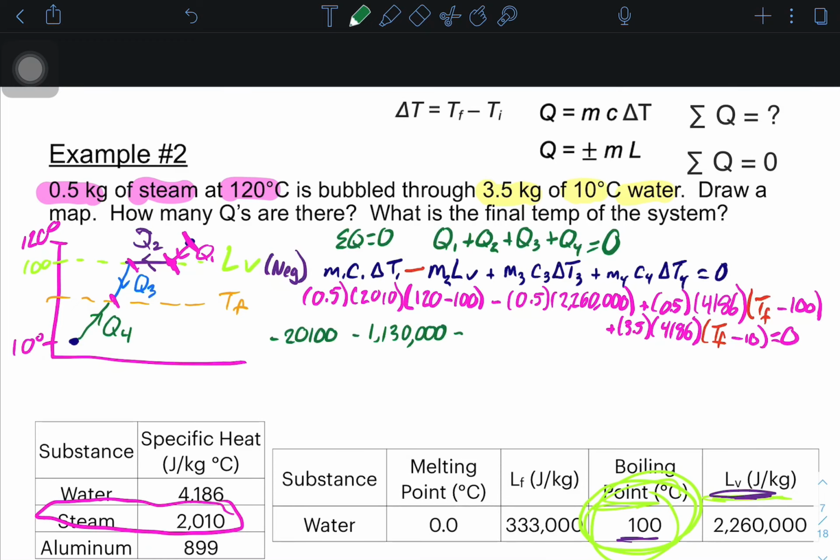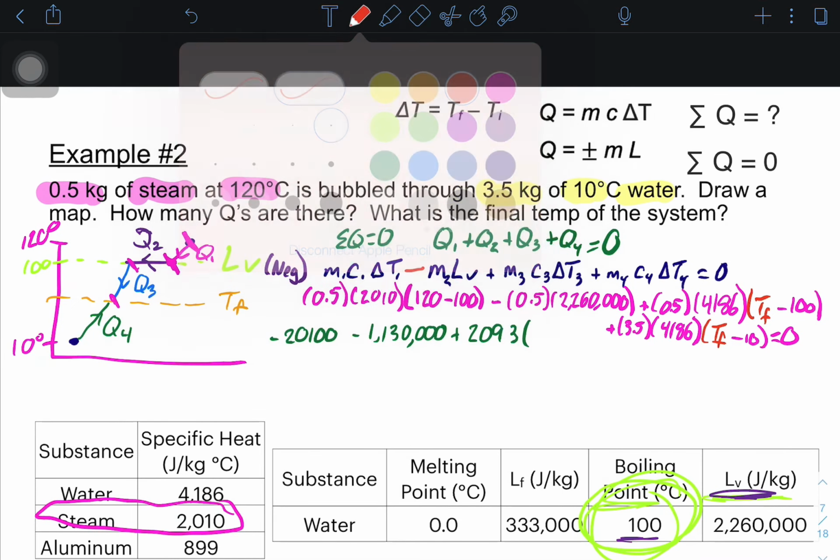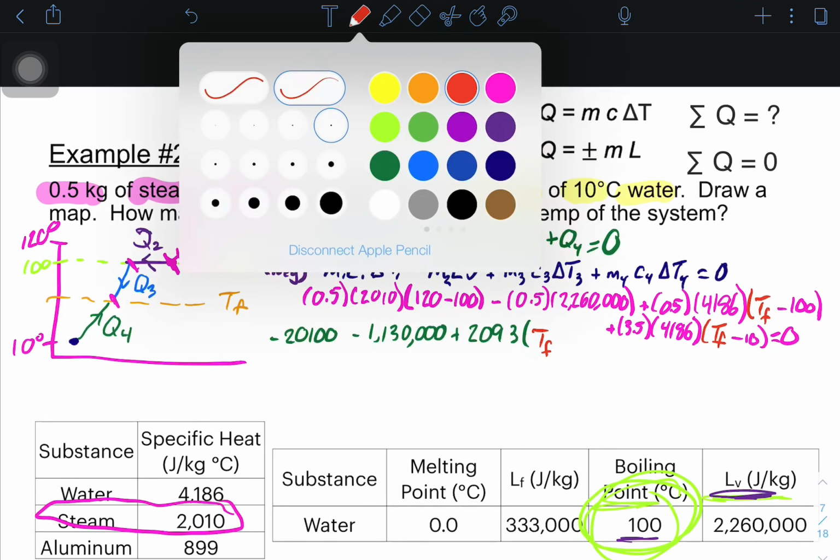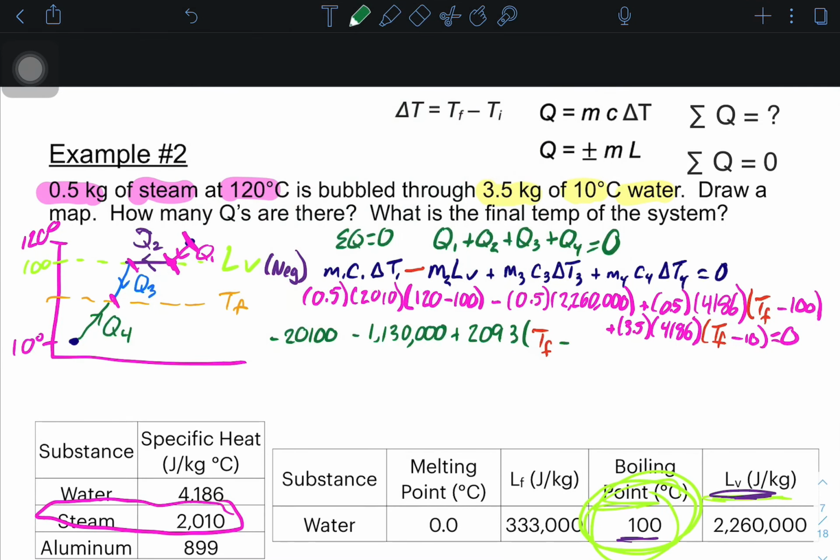Q3 is going to be plus, sorry, it's going to be a plus 2093 times TF minus 100, plus my Q4 is going to be 14651 times TF minus 10, which is equal to 0.